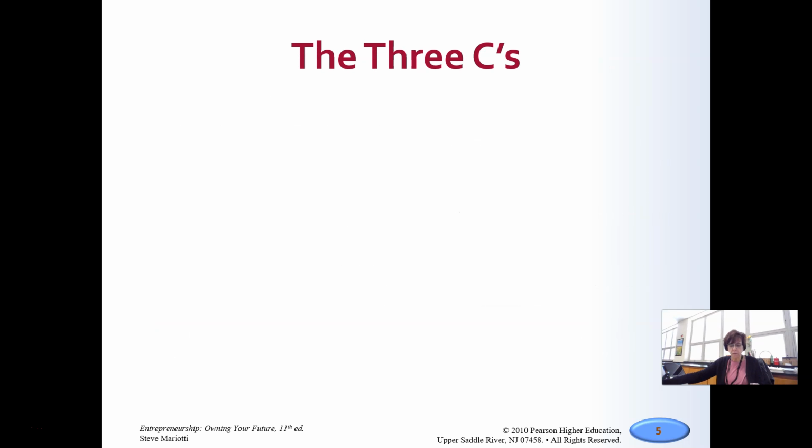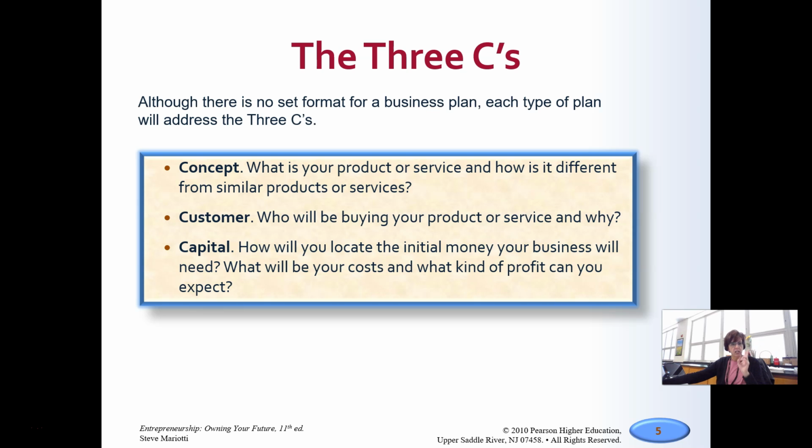Now, the 3 C's that we want to focus on, no matter which plan you choose, they always have to have these 3 C's. The first one is concept, customer, and capital. Capital means the money. Show me the money. The customer is your potential customer. You have to think of everything. Why would your customer want to buy your product, or why does your customer need your service?